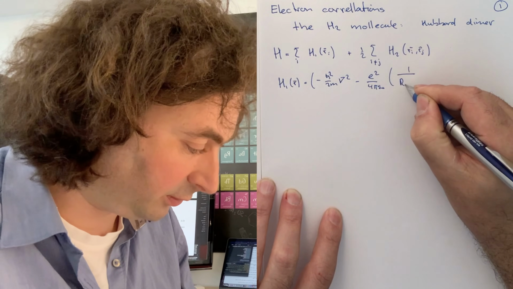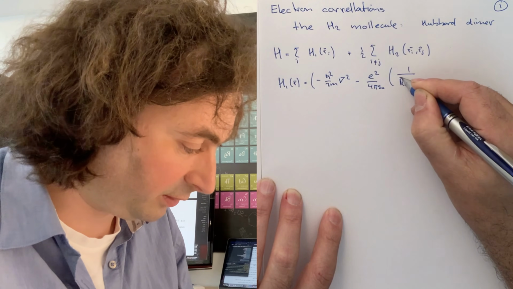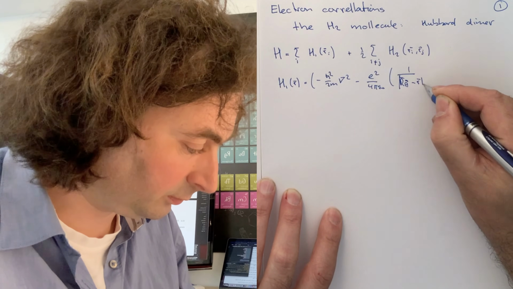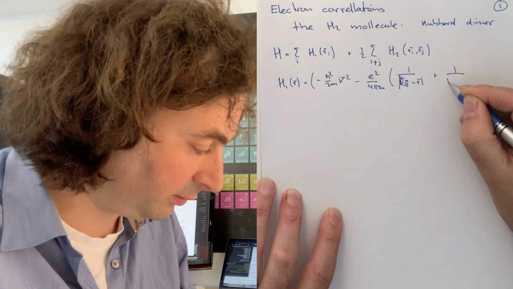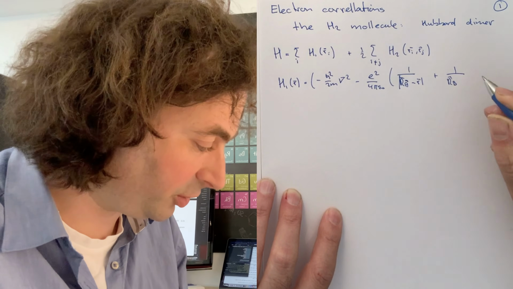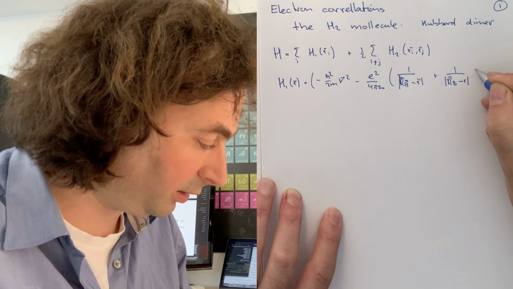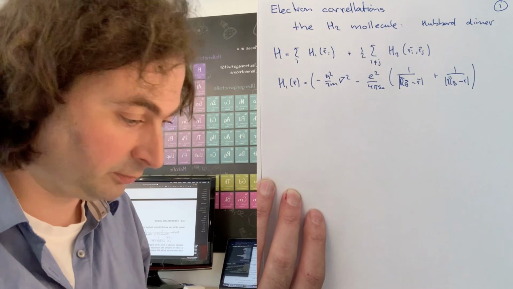And our first proton sits at position A, and the second nucleus sits at position B, Ra minus R and Rb minus R.